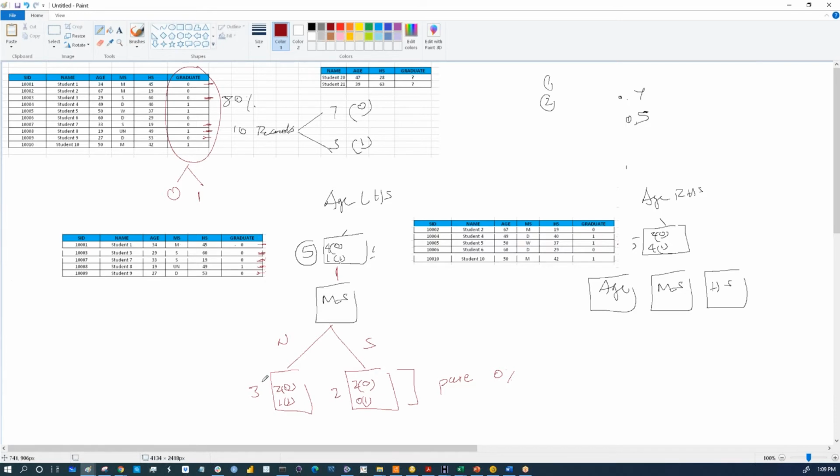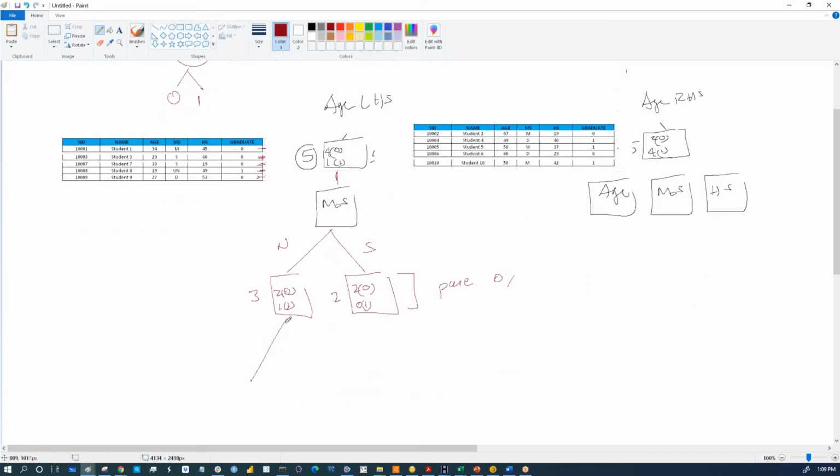It's not pure. Then what do we need? We need to split this again, on age, marital status, and hours spent, and we keep doing it. For this one, we are done. We are not going to split any further, because we have reached purity.